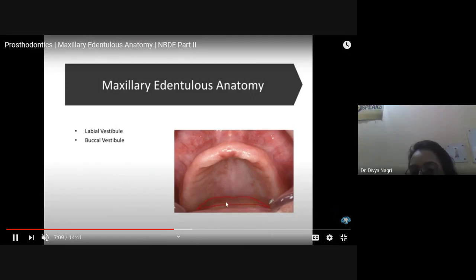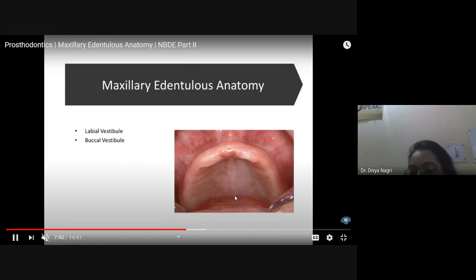This is your posterior vibrating line, and this is your anterior vibrating line. In between the posterior and anterior vibrating lines is your posterior palatal seal. That is why, because it is the shape of a cupid bow, Dhanush, it is known as cupid bow shaped. This is the cupid bow.